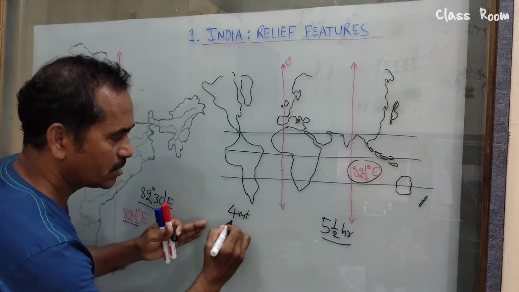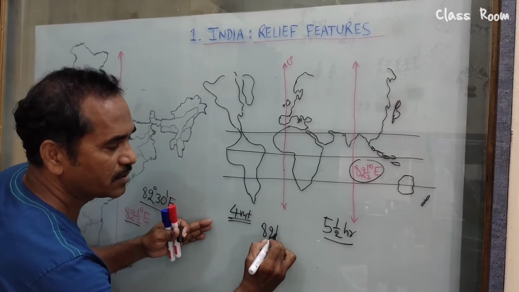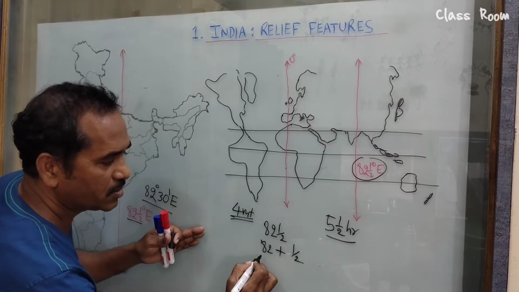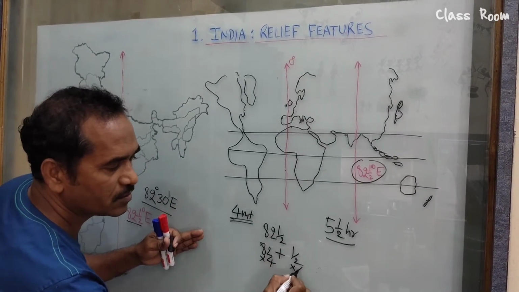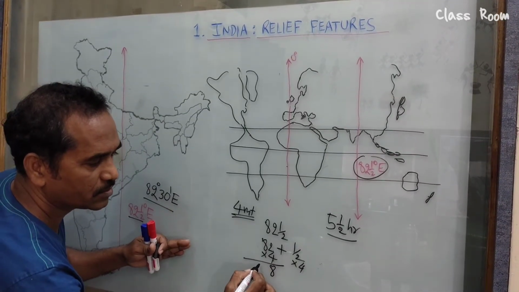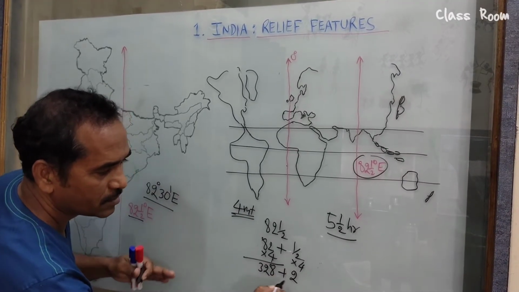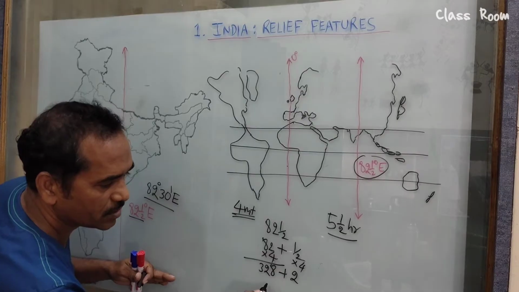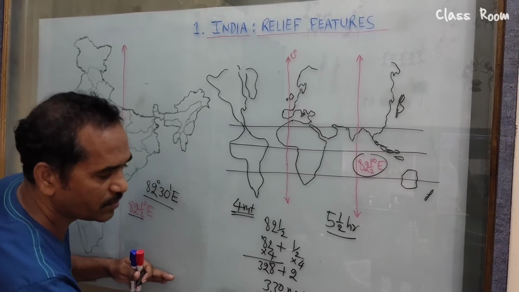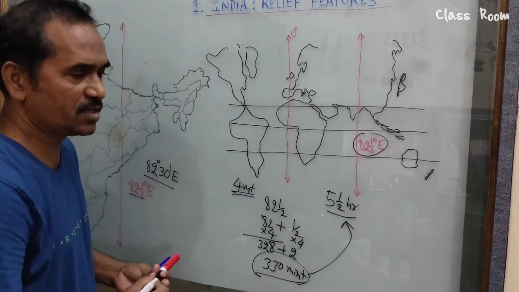If one takes 4 minutes, 82.5 is 82 plus half. 82 into 4 is 328, and half into 4 is 2. So we get 330 minutes. So 330 minutes means how much? 5.5 hours. So this is the reason.